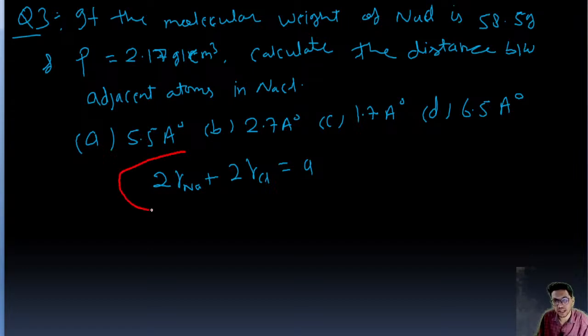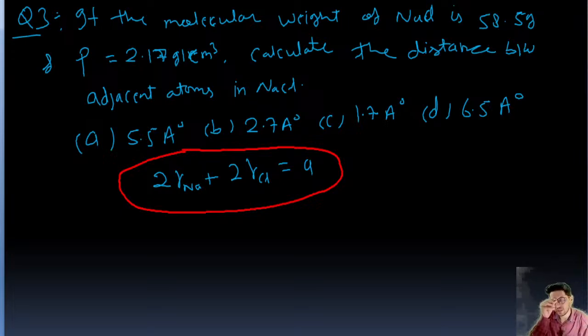I have already explained the rock salt NaCl structure. You can check my previous lectures on crystal structure. So from here, r_Na plus r_Cl is going to be a by 2, right?